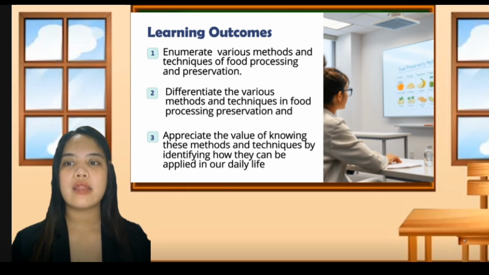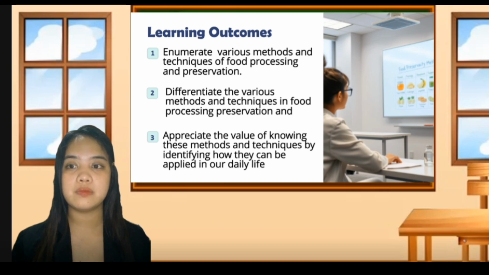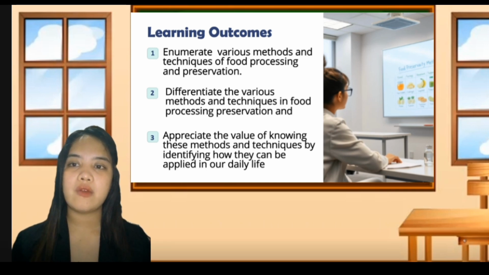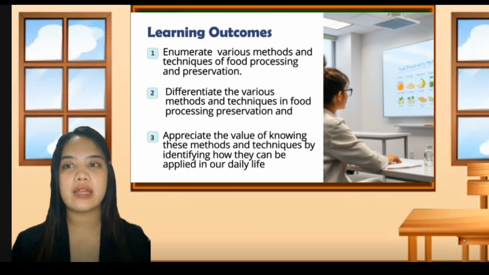Great. Now, let's move on to the second objective. Arnel, could you read for us? Thank you. Now let's read the final objective. Carla, can you read for us? Excellent. These objectives will guide us in our discussion for today.